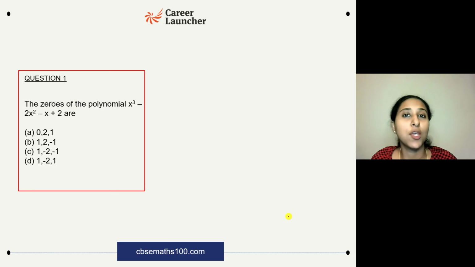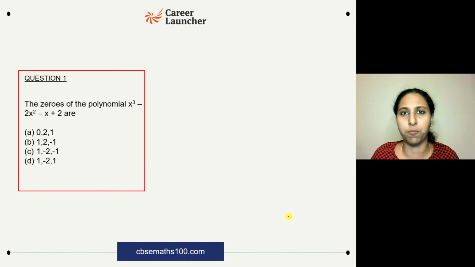Since it is an MCQ question though, you could also do it another way where you are substituting options and checking. You know the meaning of zero for a polynomial. The value should turn to 0 when you substitute these values. Look at the options carefully and try to follow the process of elimination to see which option works for you.